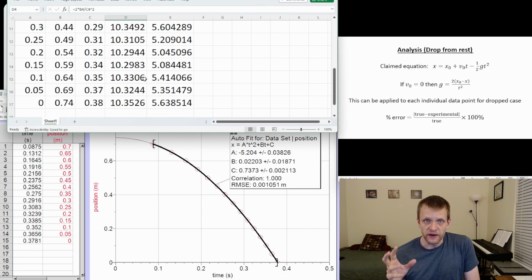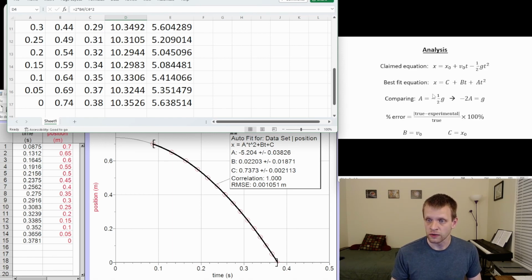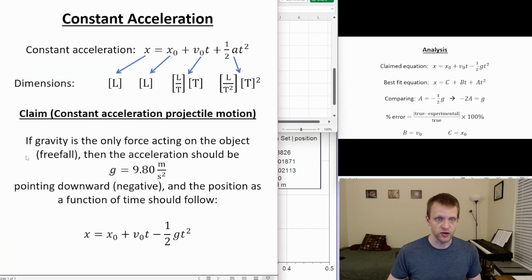Just to close this off, the point of all this is that when we make these different kinds of measurements, we need to keep track of what kind of units we're using. Okay? In this case, whether we use our method of using the best fit equation and matching up the parameters in our constant acceleration equation, we're going to get that these accelerations have to be in meters per second squared in order for the units to make sense.